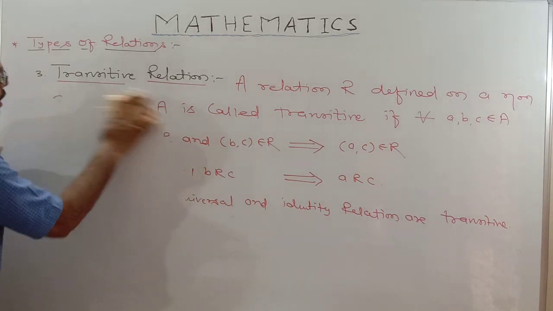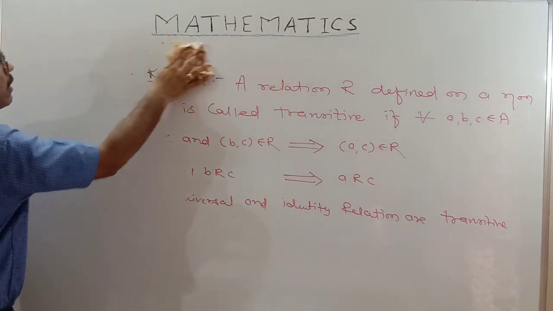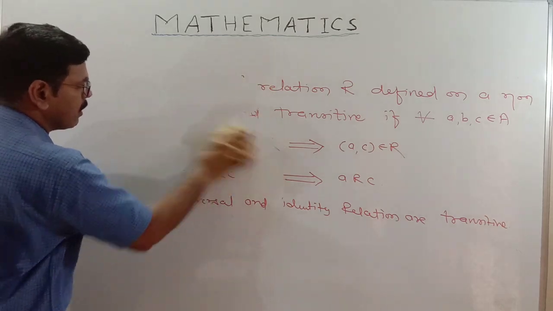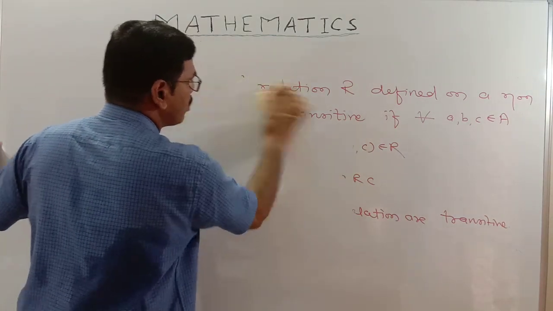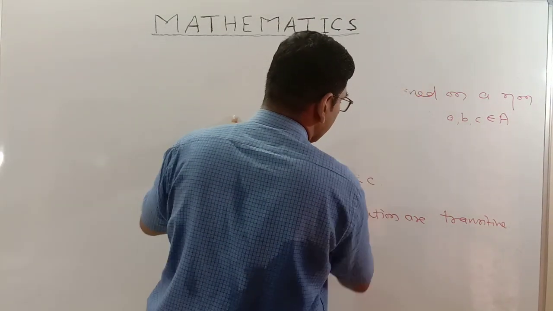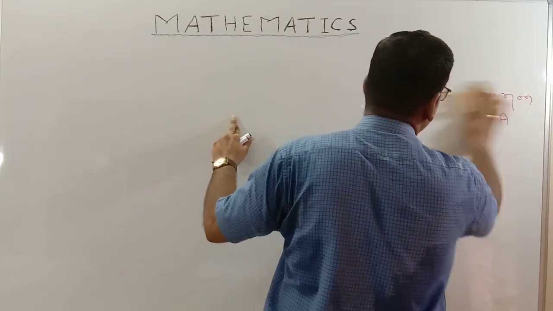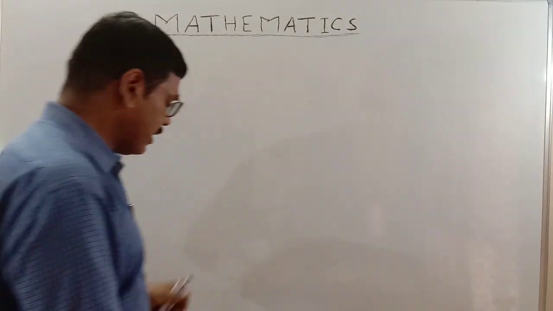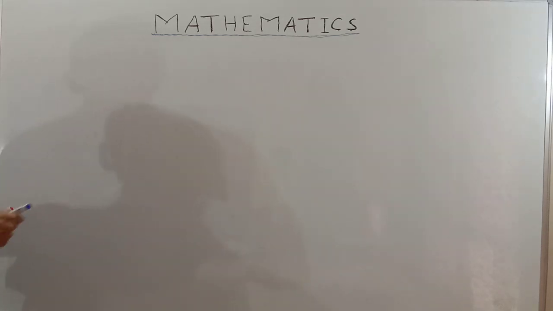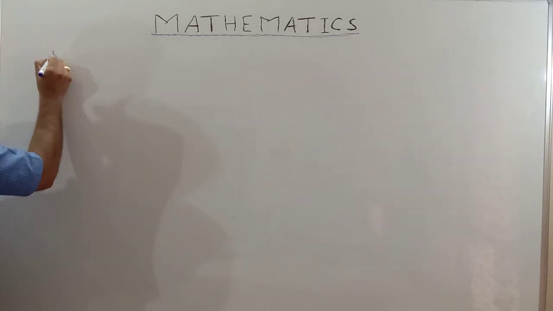Now we should see an example in which we'll check which properties the relation contains.